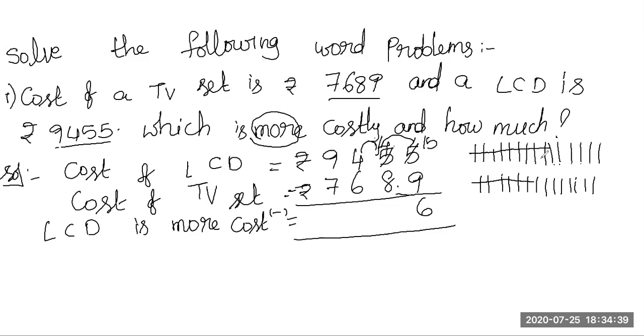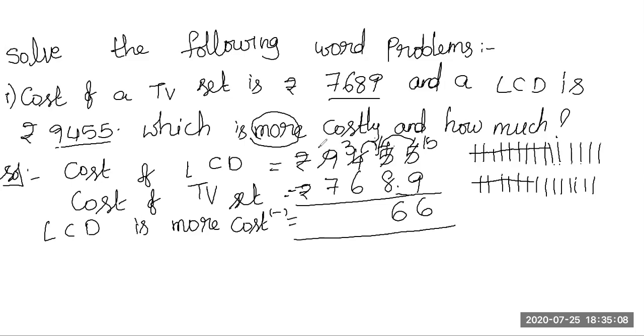How many are left? 1, 2, 3, 4, 5, 6. So from 4 you already gave, so that is the reason here 3 will be. Can we subtract 6 from 3? It is not possible. So again we should go for borrow.